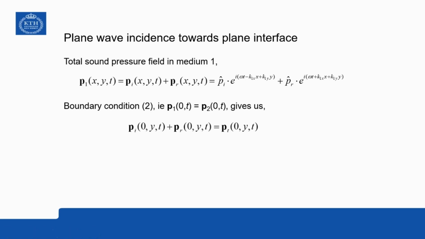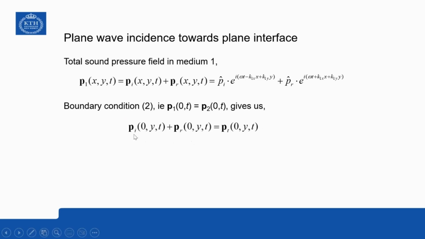And boundary condition 2 now, if you remember, says that the sound pressure evaluated at the incidence side of the interface, immediately at the interface for x equal to 0, must be equal to the sound pressure in the neighborhood of the interface on the transmission side. That can be stated in this manner.